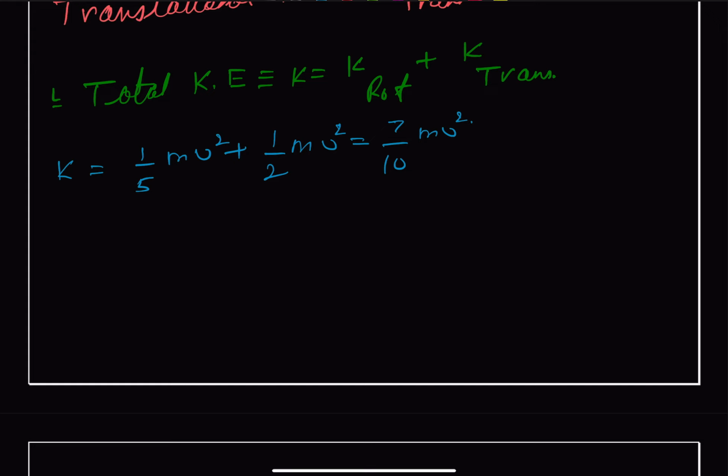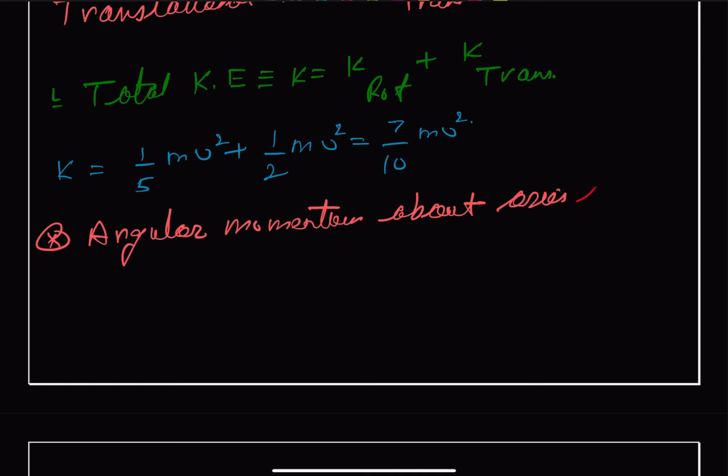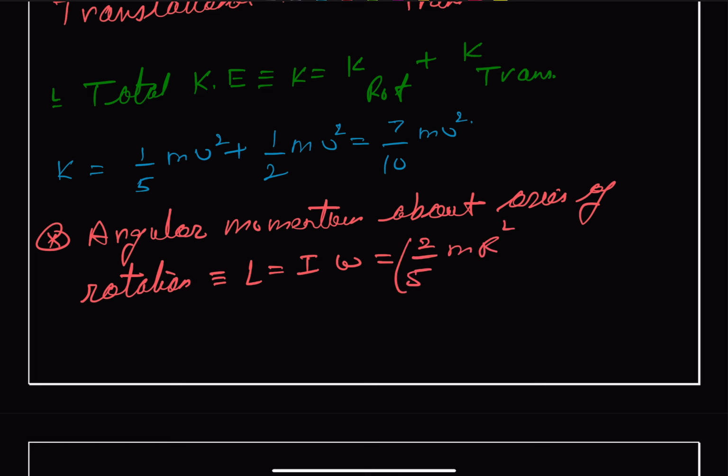So we can say that angular momentum about the axis of rotation, that is our L, will be equal to moment of inertia times angular velocity, that is omega, and this comes as 2 upon 5 mr square times omega, and we are supposed to find out their ratio because it is given as pi upon 22.